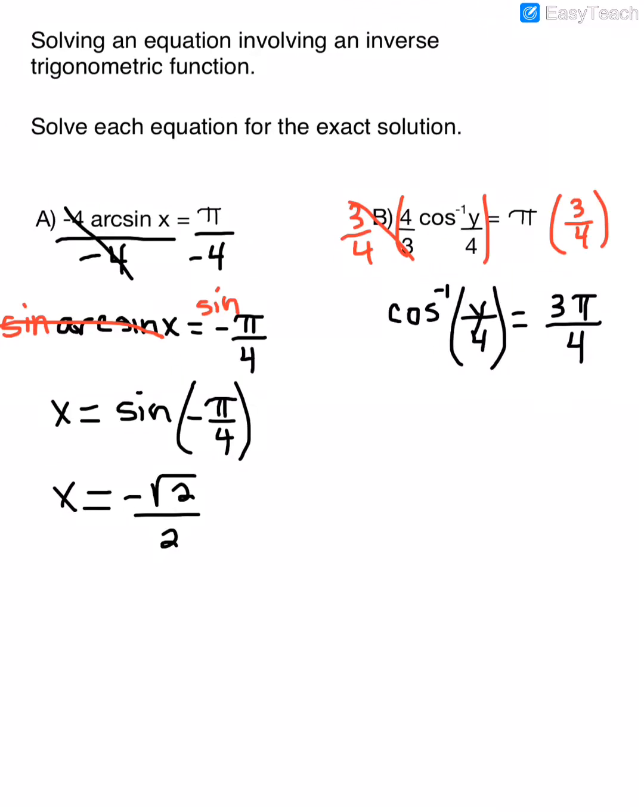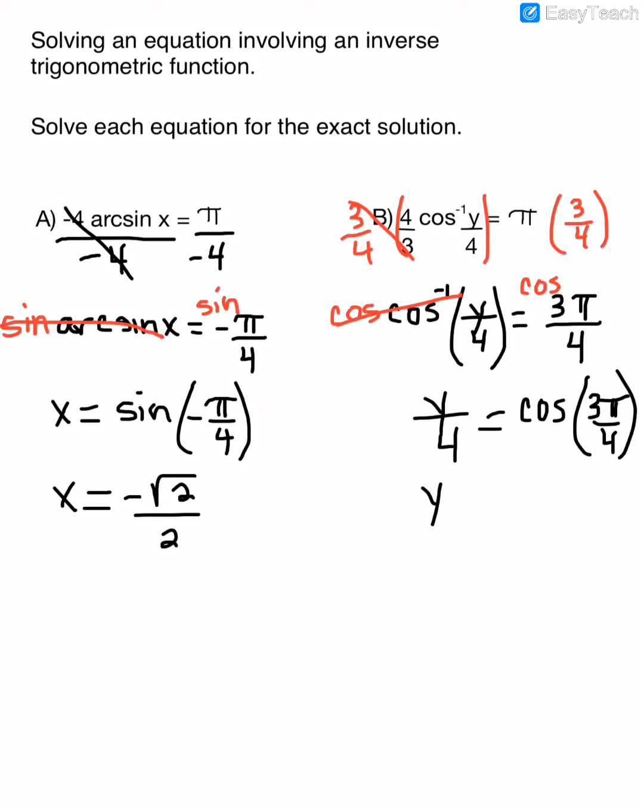Then to undo cosine inverse, we're going to take the cosine of both sides. All right, and so I'm left with y over 4 is equal to the cosine of 3 pi over 4. Well, the cosine of 3 pi over 4 is negative square root of 2 over 2.